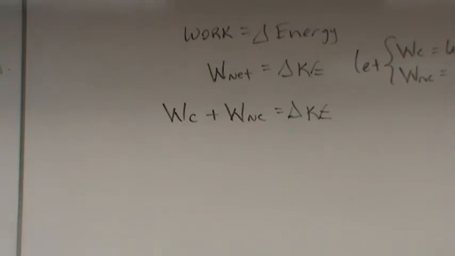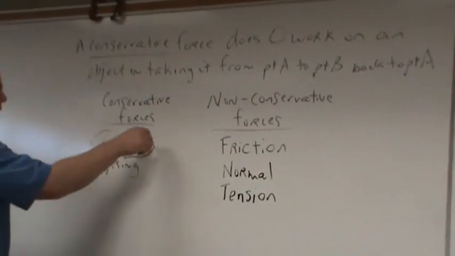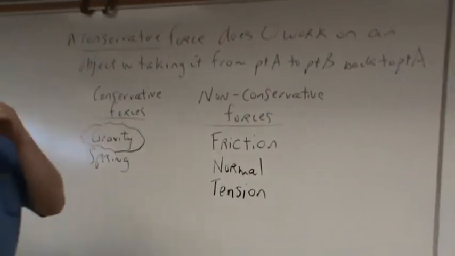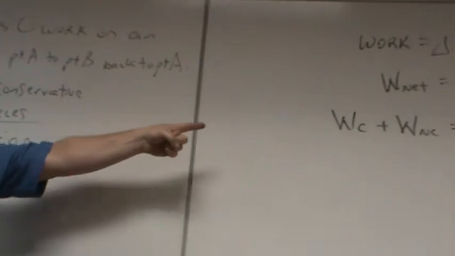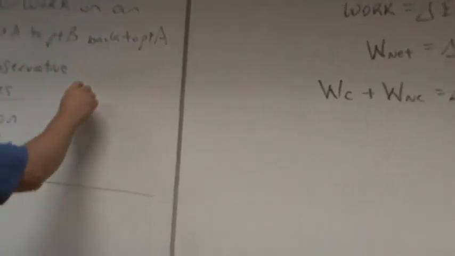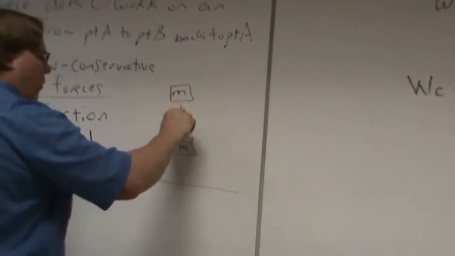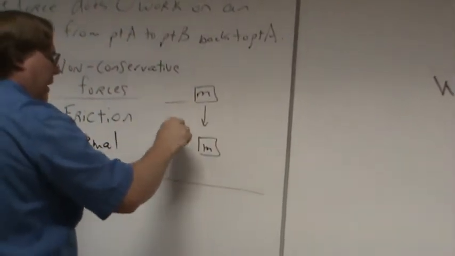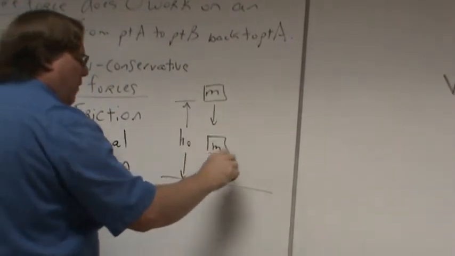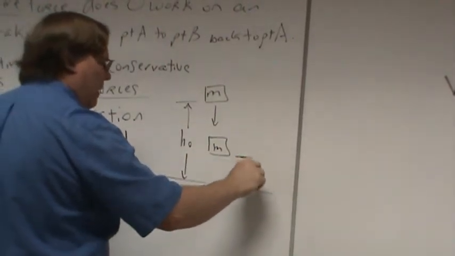Well, when it comes to work done by conservative forces, so far in our little high school class, all we've learned about is gravity, right? So I can actually get an expression for the work done by conservative forces. I can get an expression for the work done by gravity. I'll just go back to this drawing where this mass at an initial height of h naught falls to a final height of h sub f, correct?